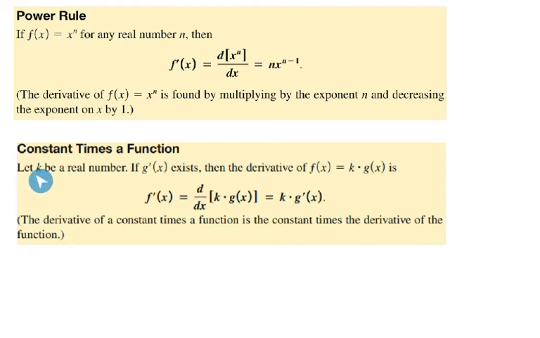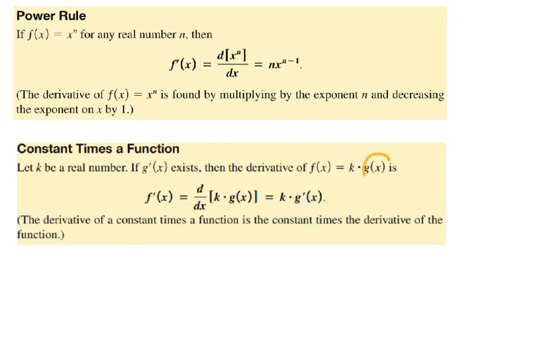So if you have k representing a real number, that just means k is any number, and g prime of x exists, so that means this is a derivative that we can find, then if we have f of x being equal to k times some function, and potentially that function is a power function x to the n, so k times x to the n, essentially f prime of x, or the derivative with respect to x of f of x, which is k times this g of x function, is going to equal k times g prime of x.